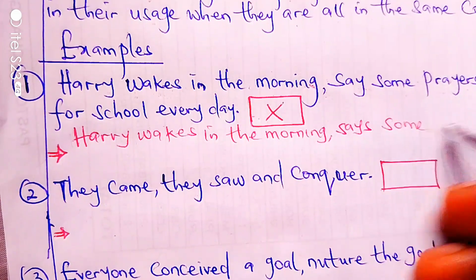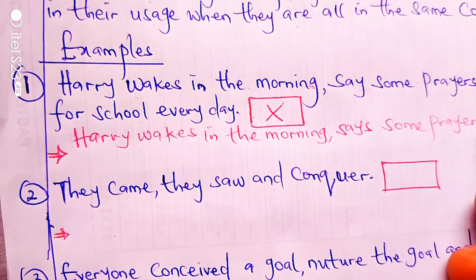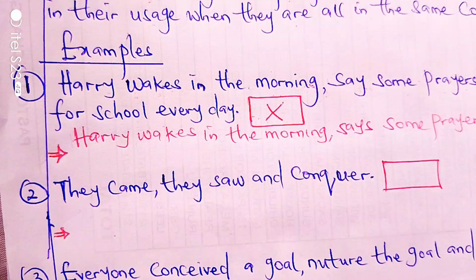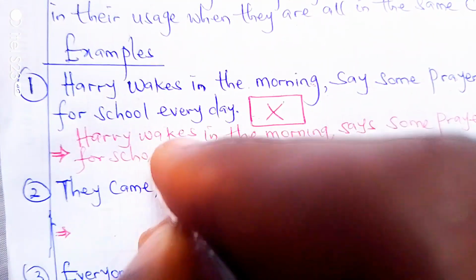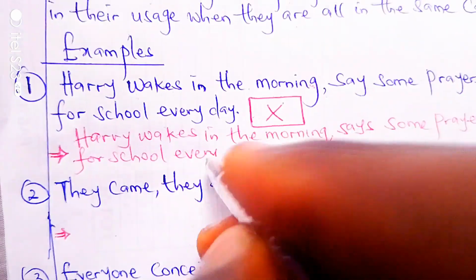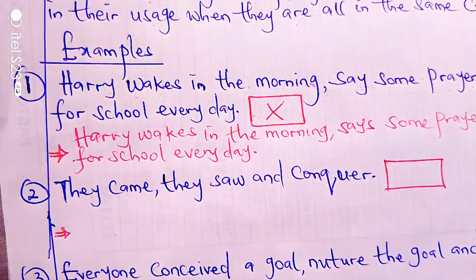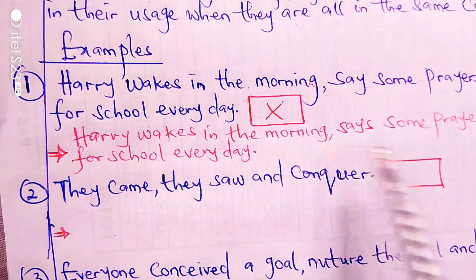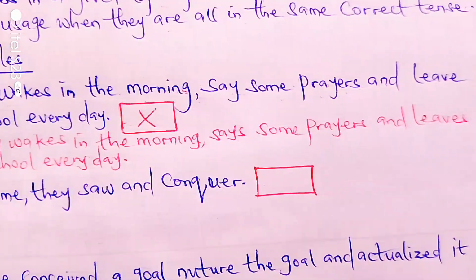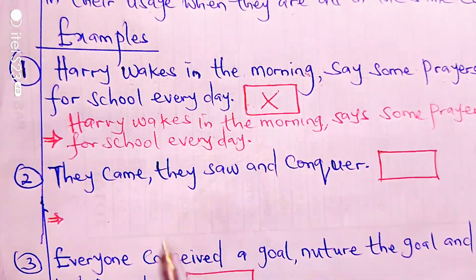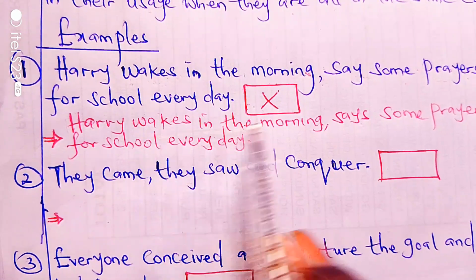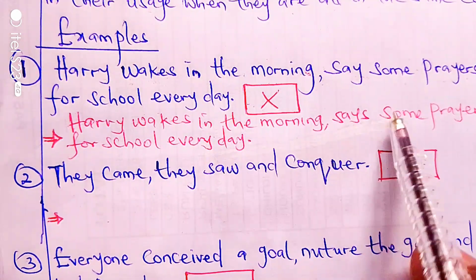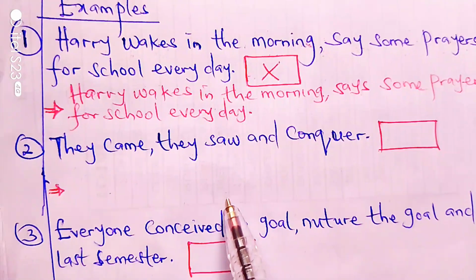Says some prayers, and leaves for school every day. This is the correct format. Harry wakes in the morning, says some prayers, and leaves for school every day. So this sentence can be said to be in a parallel structure because all the finite verbs are in agreement as per usage. So let's look at the second example.